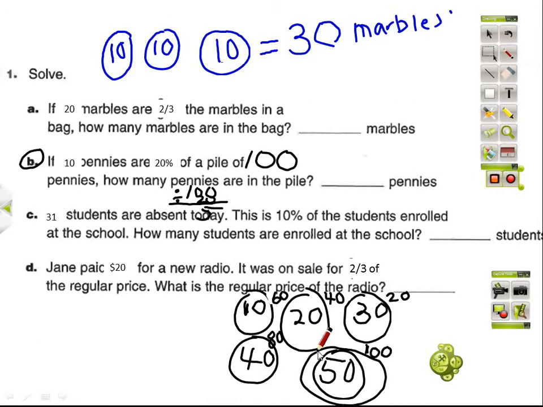Just draw your stuff right next to Daniel's. Explain what you're doing there. You probably have to write larger when you use those pens. What I'm doing is, the problem says 20% equals 10 pennies.